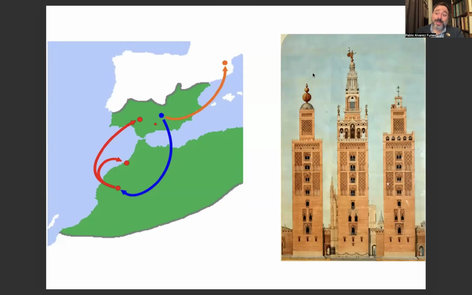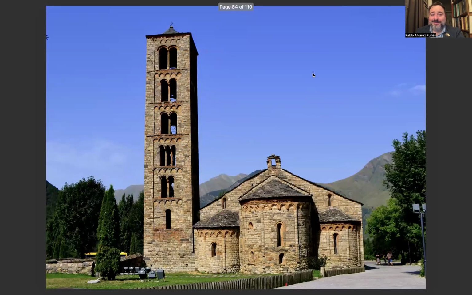But also you have the orange point, and it's in the Pyrenees, because Felix Hernandez discovered a relationship between the proportions of the belfries of the Catalonian churches in the Pyrenees and the minaret of the Mosque of Cordoba, which is a bit controversial because the proportions are there, but we know that the builders were Italians. So there is a very interesting mix in there, how these Italian people built that.